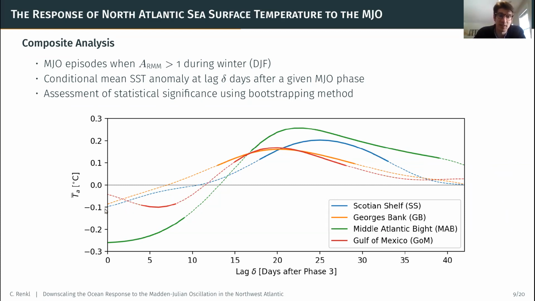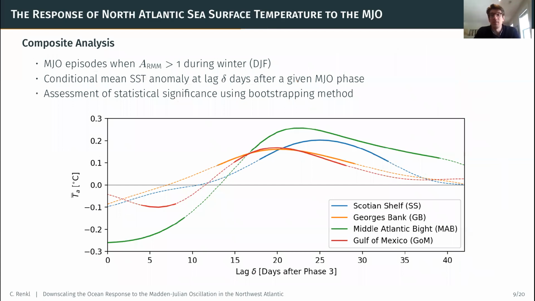What you can see is that while the MJO is in phase 3, so at lag 0, the SST is generally low or not significant, but with increasing lag, a positive anomaly occurs at all these locations with a slightly different lag between 20 and 25 days, depending on the location.